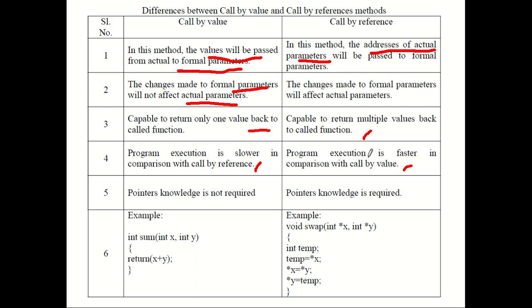Pointer knowledge is not required for call by value, but pointers are required to implement call by reference. Star indicates a pointer variable. Here we have declared variables without any star, so these are normal variables, and these are pointer variables.